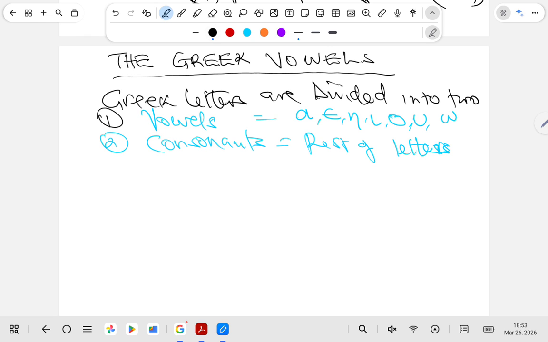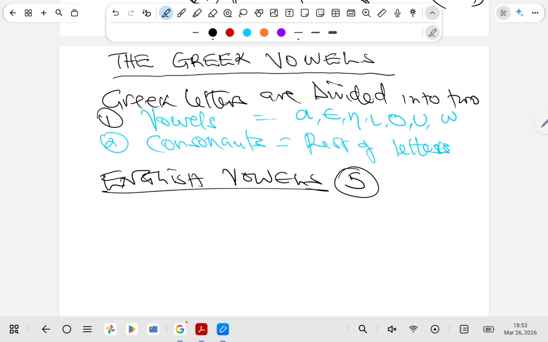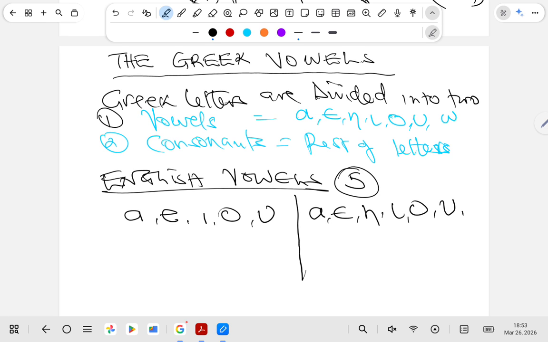The English vowels are 5 in number: A, E, I, O, and U. Now, let's contrast that with the Greek, which is alpha, epsilon, eta, iota, omicron, upsilon, and omega.